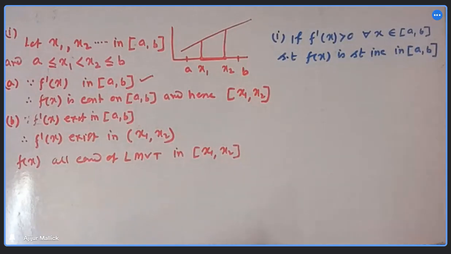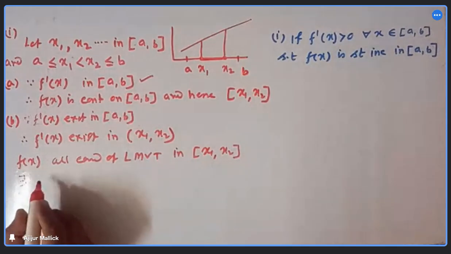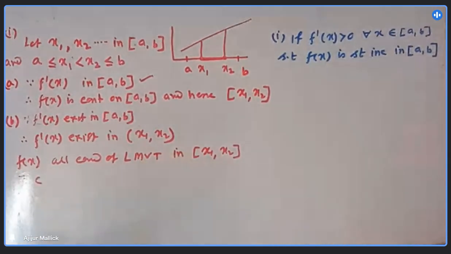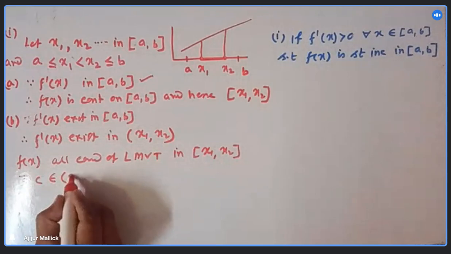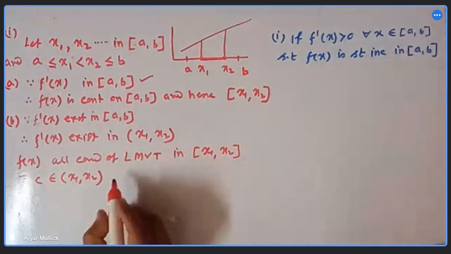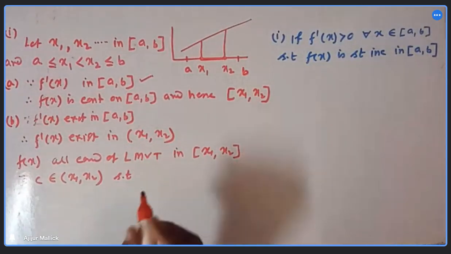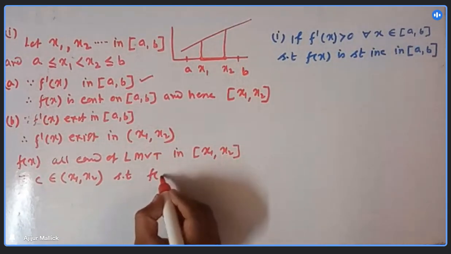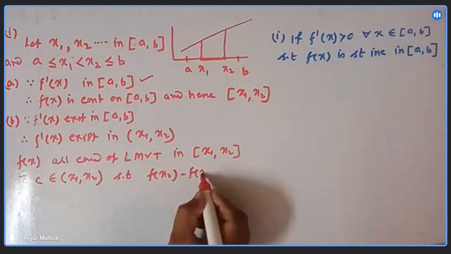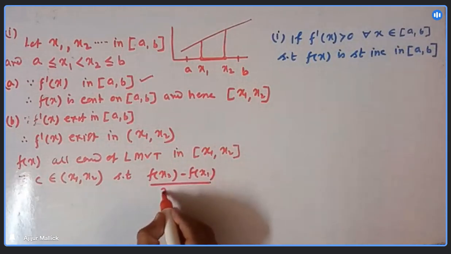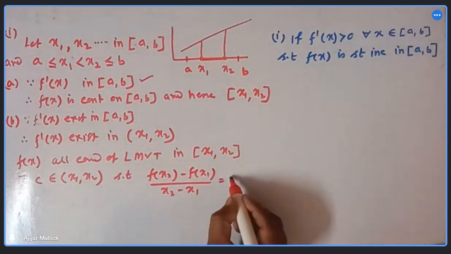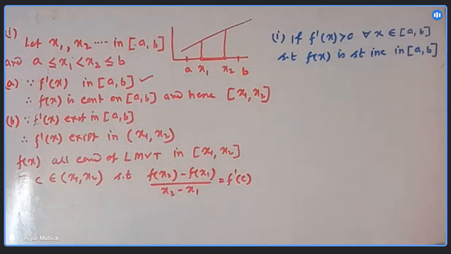Therefore there exists at least one value of x, say small c, in the open interval (x1, x2), such that (f(x2) minus f(x1)) divided by (x2 minus x1) is equal to f dash c. This is by Lagrange mean value theorem.